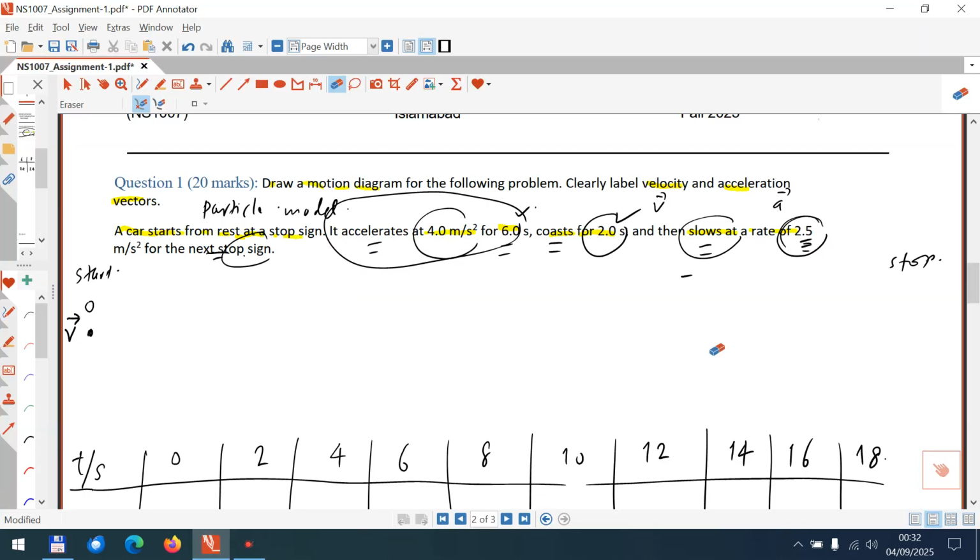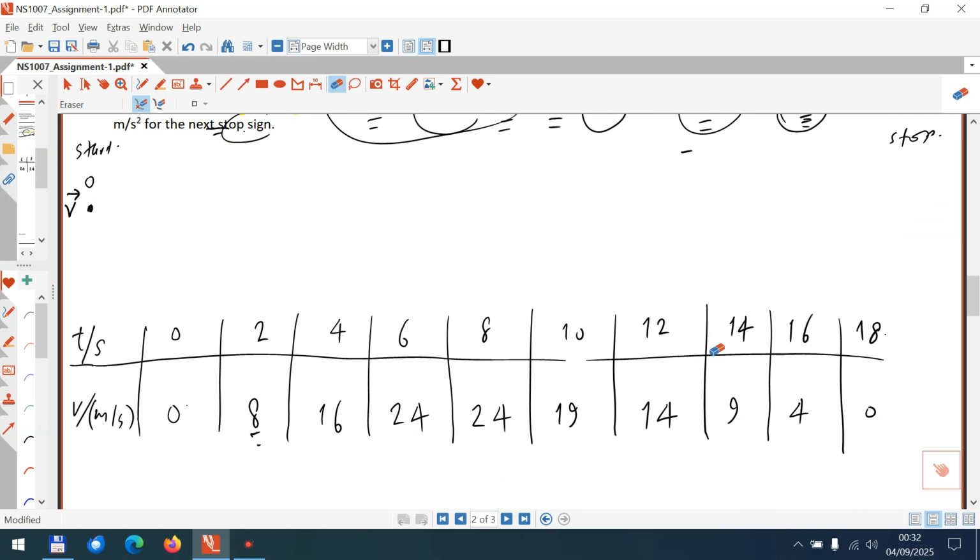Okay. So frame 0 and frame 2. So from frame 0 to frame 2 in this interval, the initial velocity is 0, right? And the final velocity is 8. So what is the average of the two?